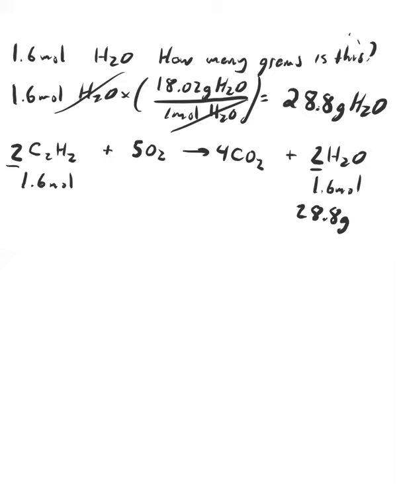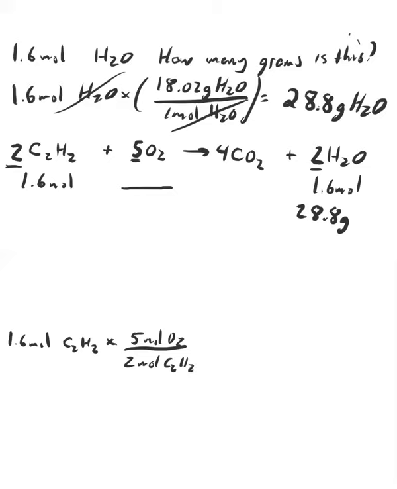You could now figure out how many moles of the O2 reacted. So let me, just to kind of finish this up, let me do that. Let's say we want to know how many moles of O2 reacted. The ratio is 5 to 2. So you'd say 1.6 moles of C2H2, you want the oxygen, so times 5 moles over 2 moles.